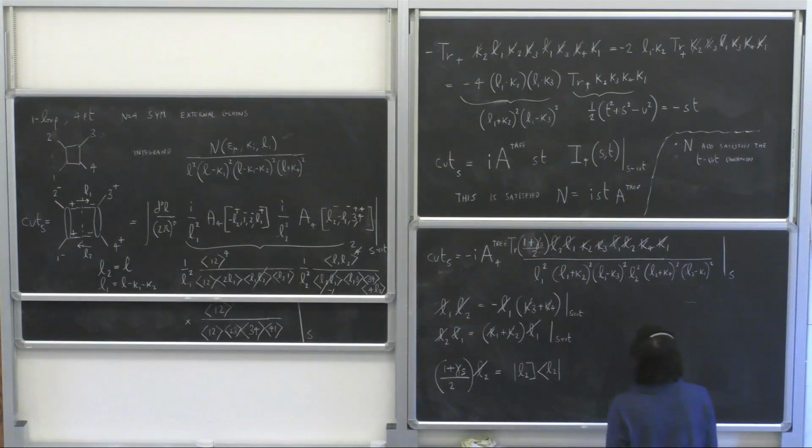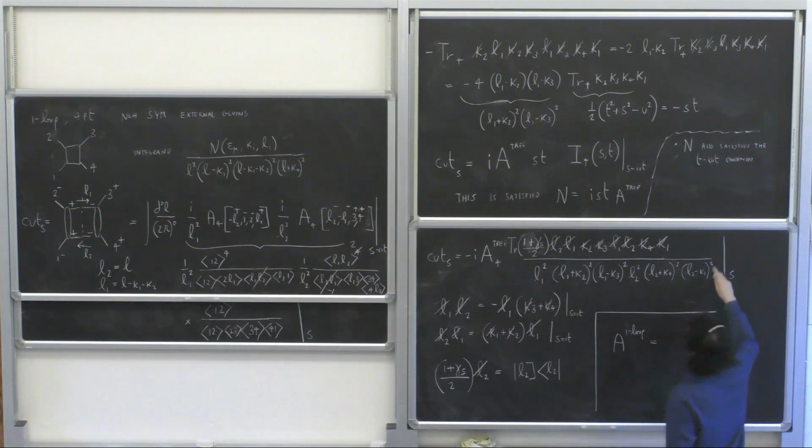And this allows us to essentially write the one loop amplitude with the same relation, having just removed the cut condition.